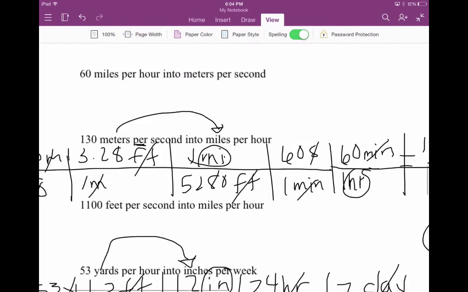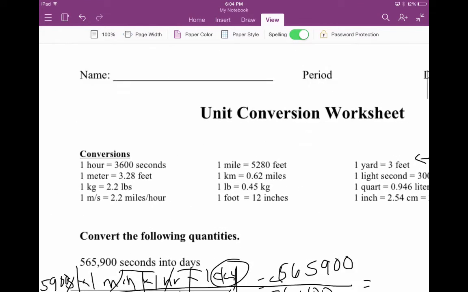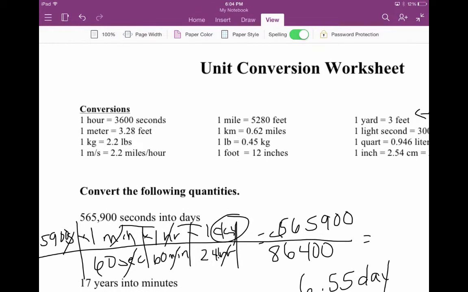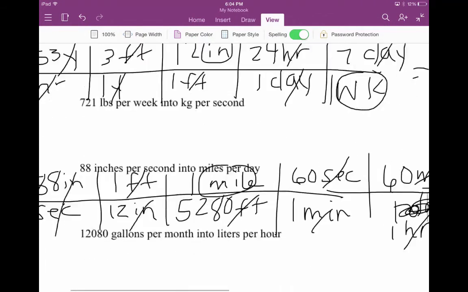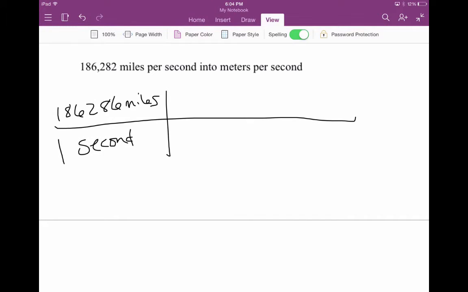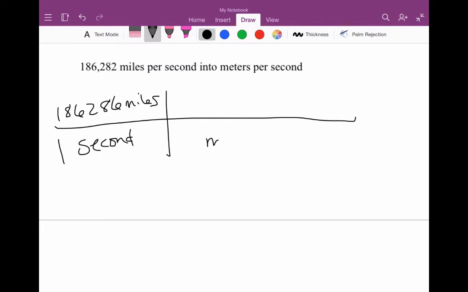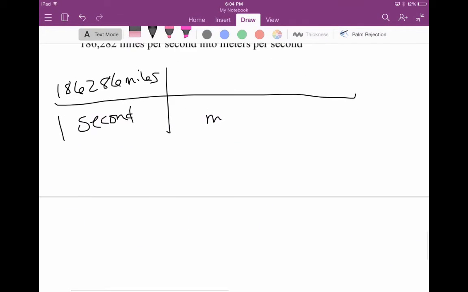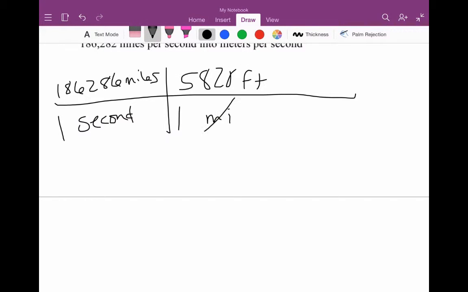Looking back up at our conversions, we have miles to feet, feet to meters, so we're going to use that. 1 mile equals 5280 feet. So we have miles on the bottom, which is 1 mile equals 5280 feet. Our miles will cross out. Then we need to get from feet to meters.